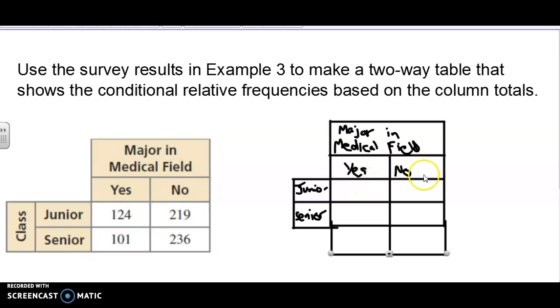For this table, I don't need the row totals, so I'm just going off the column totals. So I need the total of each column. This column, the total is 225. And then 225. And then this one here would be 455.